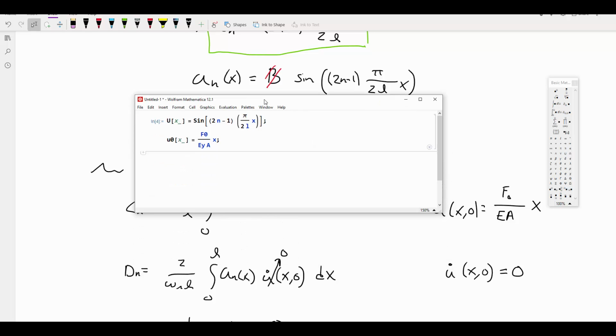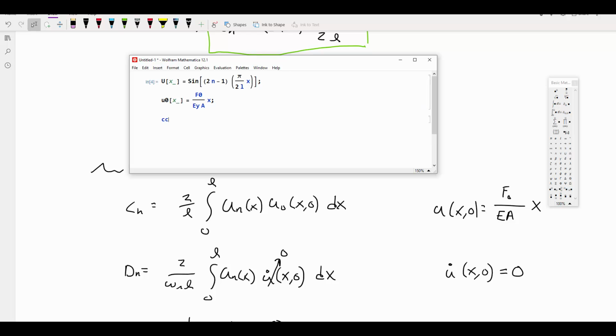Right, so my Cn, I'll call it Cc here, of n, is going to be 2 over L times the integral from 0 to L of my u of x times my u naught of x times dx.